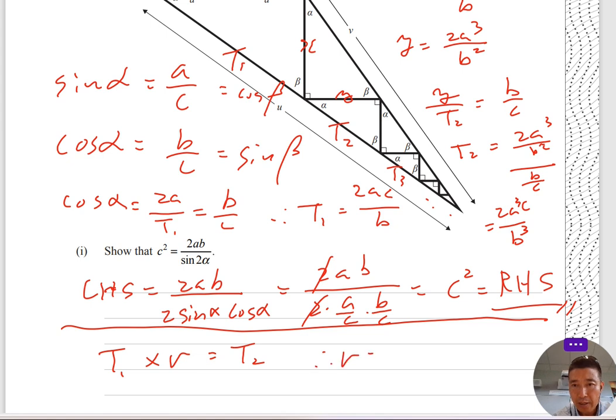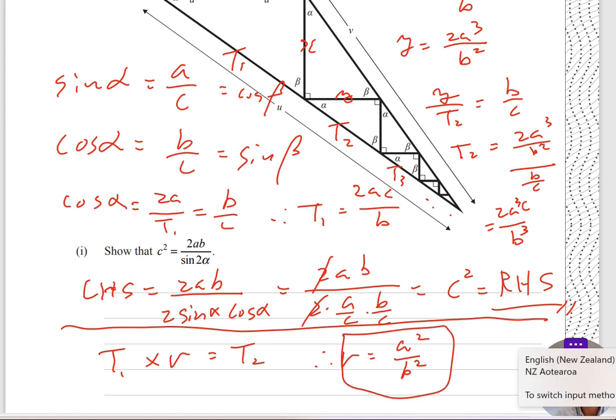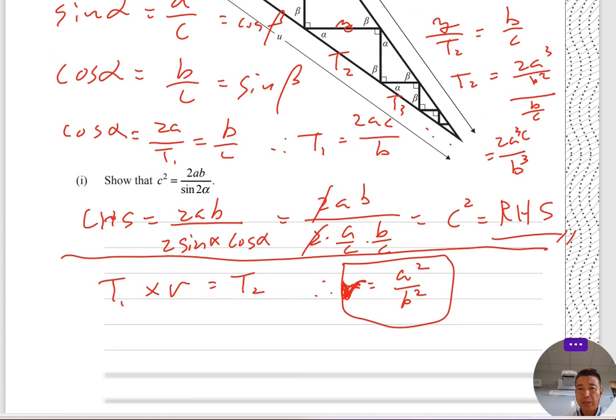So hence r equals a squared over b squared. That applies not only here, but to similar triangles as well, right? So this is a really important step. So r equals a squared over b squared.